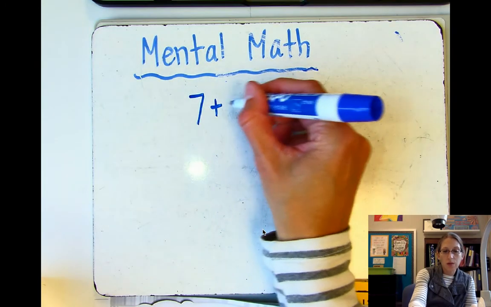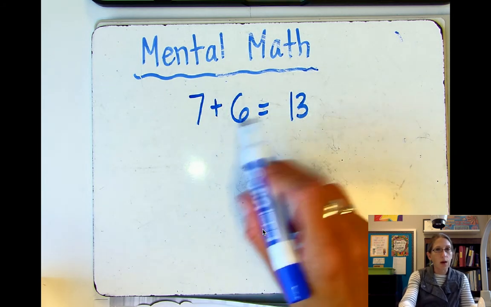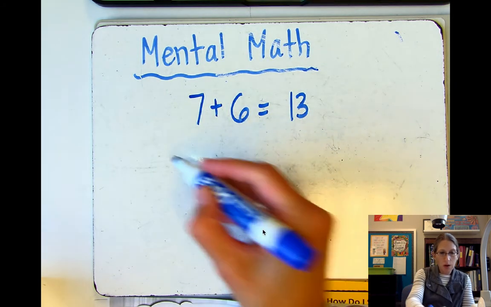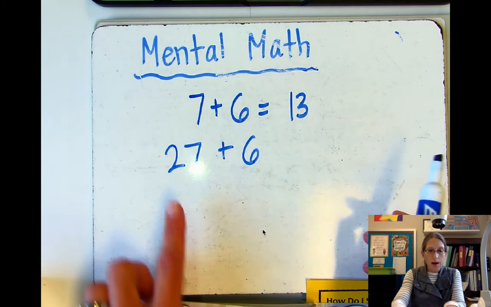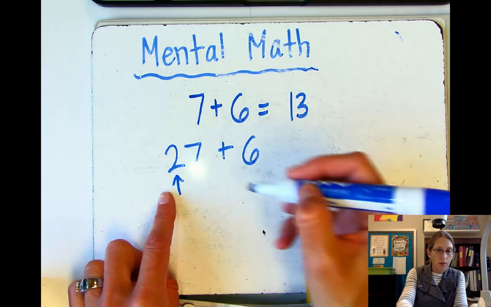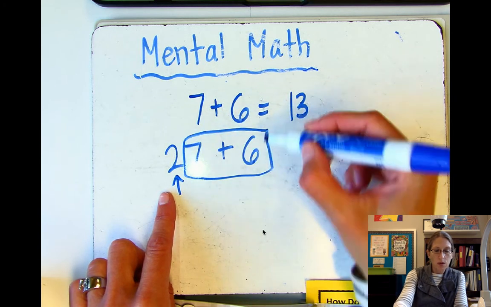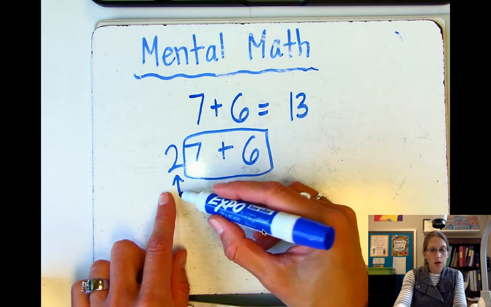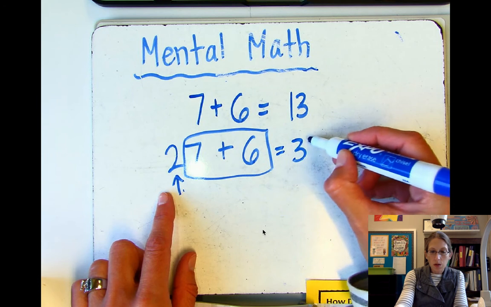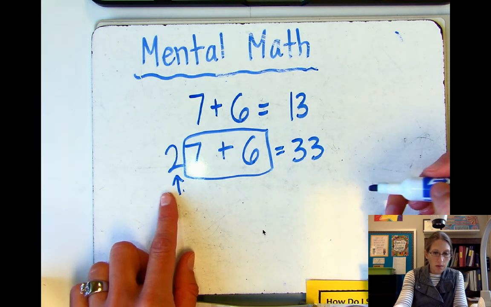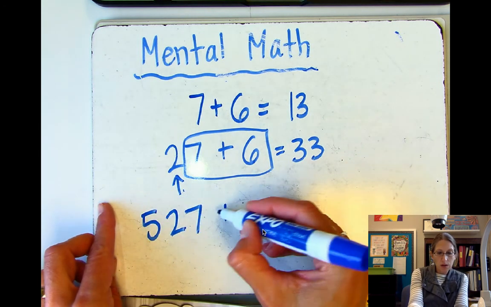If we know 7 plus 6 is 13, because 6 plus 6 is 12, so 7 plus 6 is going to be one more. Then 27 plus 6, now all we're doing is adding the 20 to this answer because we've already figured this one out. We know this is 13. So we can think, well, 20 plus 13 equals 33. And then the next one, ooh, they're adding a 500 in front of it.